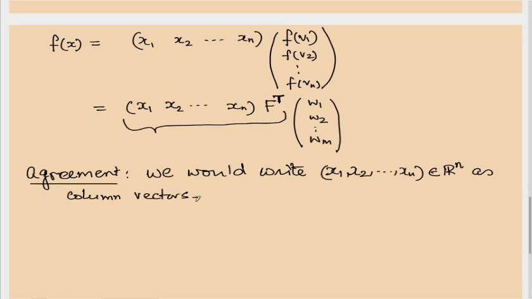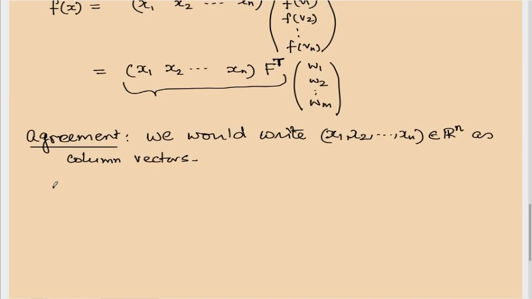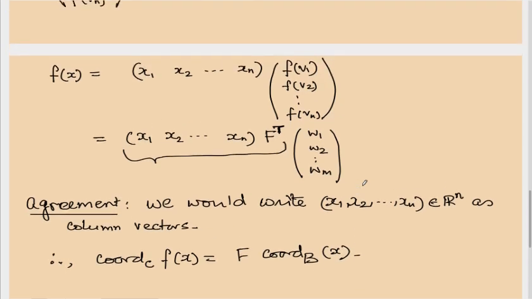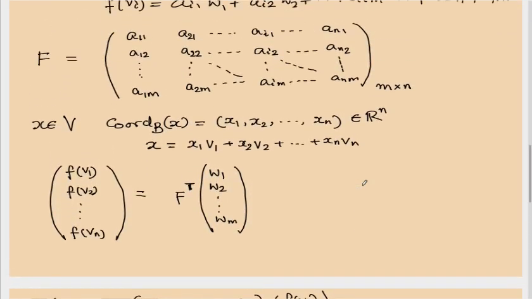So under this agreement, the coordinates in C of Fx would be F times the coordinates in B of x. So this matrix is actually plain.